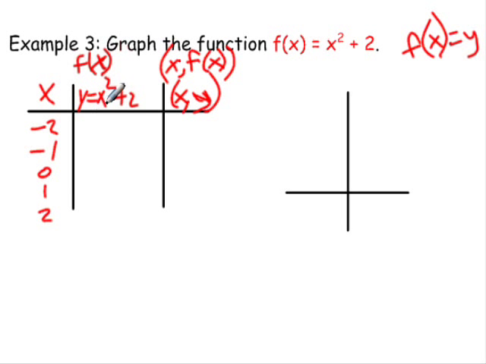Okay, so negative 2 squared is going to give me a positive 4. So 4 plus 2 is going to give me 6.